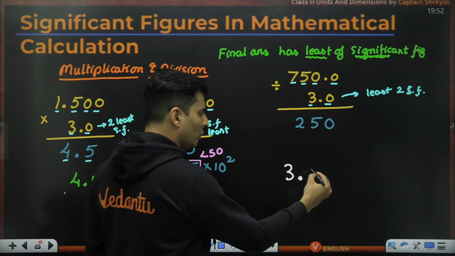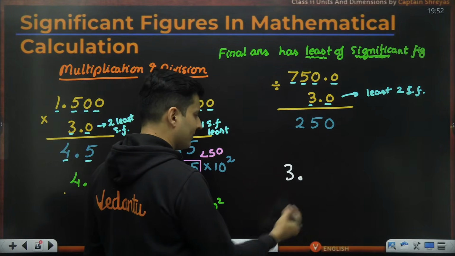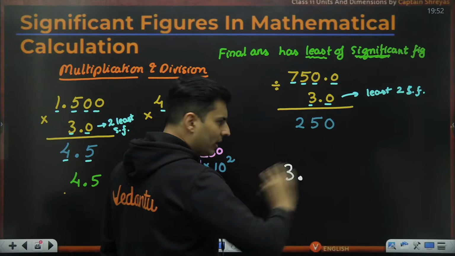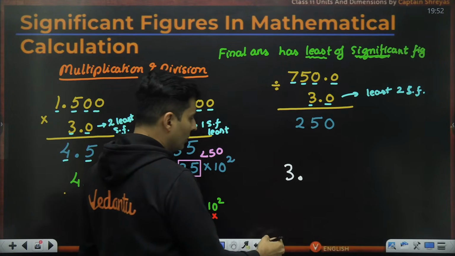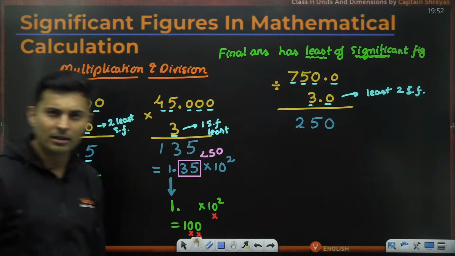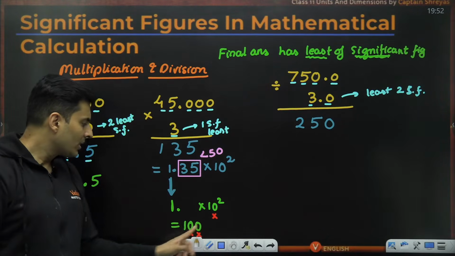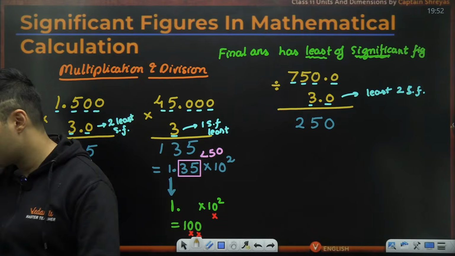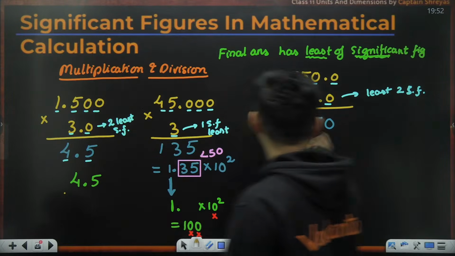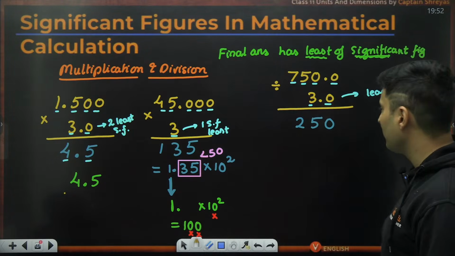So even if you don't put anything over here, it is understood. It is 3 point, meaning you have not taken the effort to find the decimal place. So it is just the same as writing the number 3 only. So this has now been written down with appropriate significant figures. Clear?